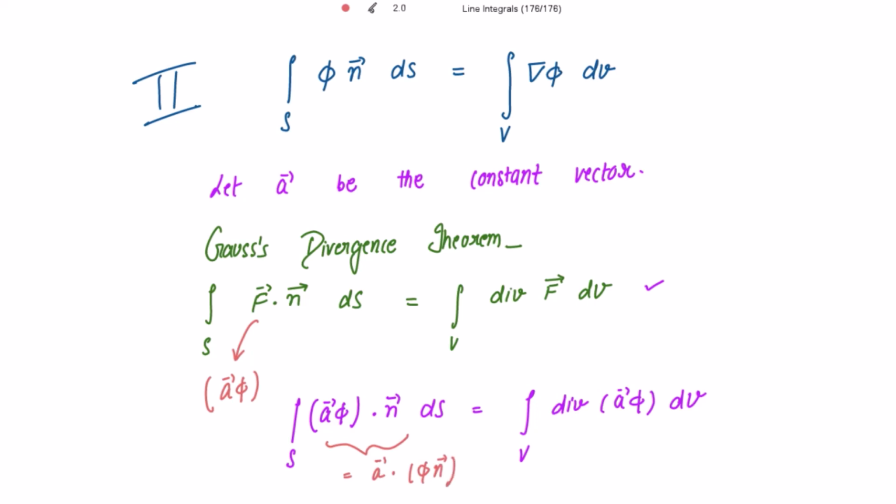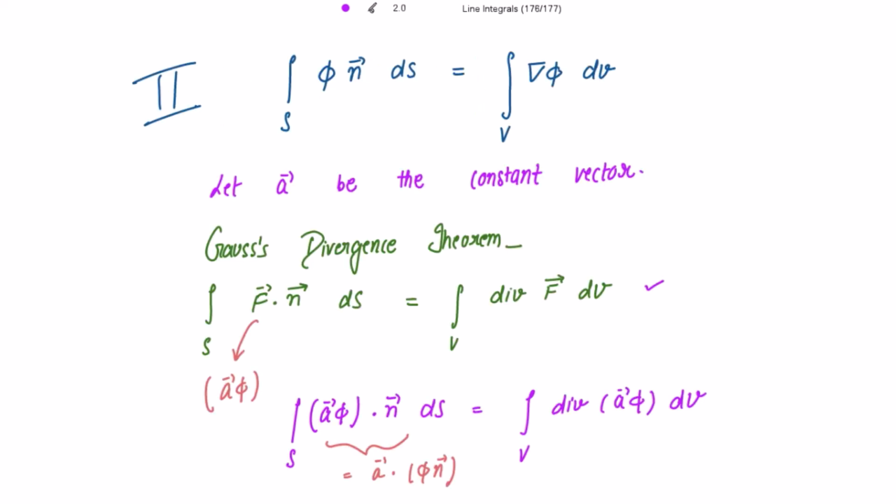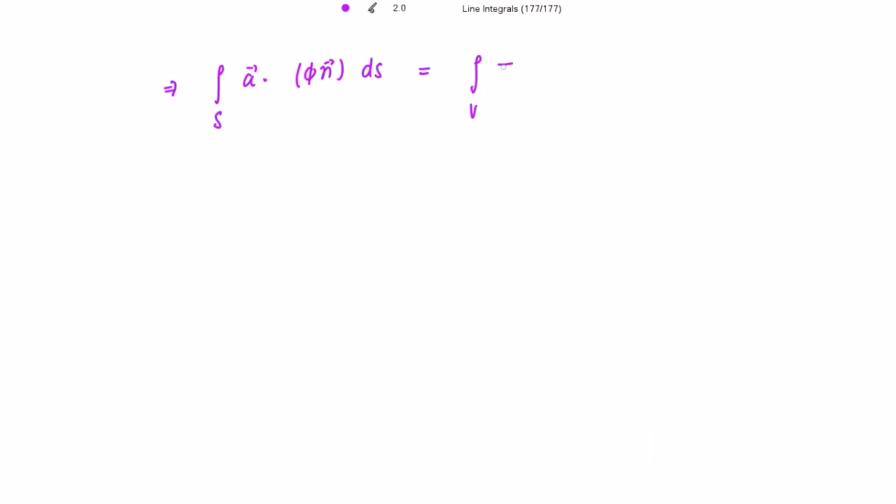Right? Okay, let's write this. So this implies the surface integral of A vector dot product with phi n vector ds equal to the volume integral of the divergence of A vector phi, writing this as del dot A vector phi dv.